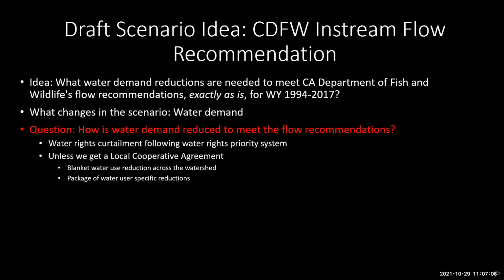And so I think we need to be thinking about more modeling in order to ask questions about, does changing conditions here at this time affect the objective we're trying to achieve, as opposed to just a blanket. We know from experience in other basins that blanket reductions aren't typically the most efficient way to solve the problems. And so there's probably ways to design solutions that could be more efficient, and we'd want to model those.